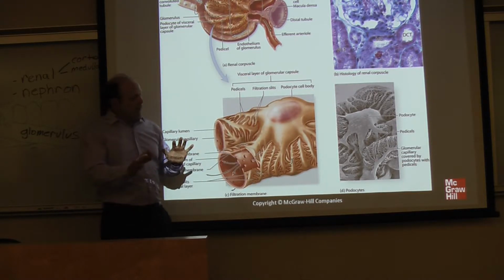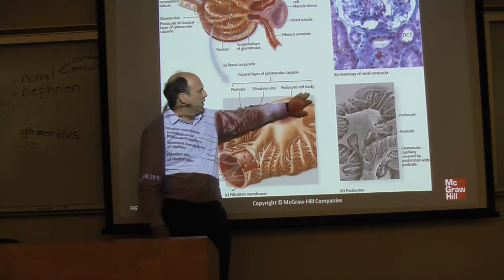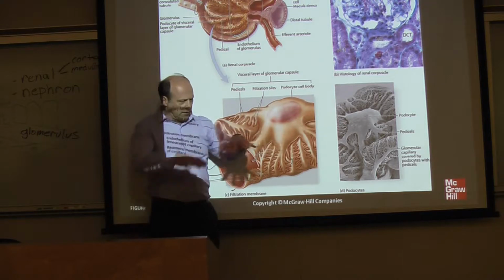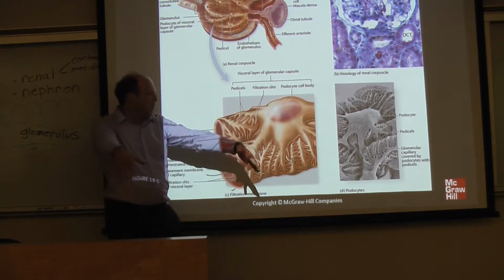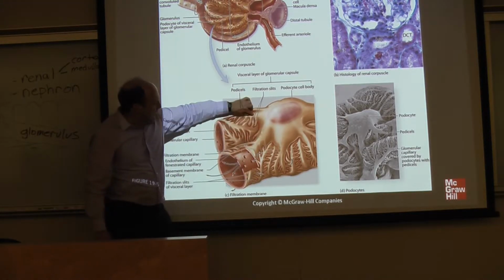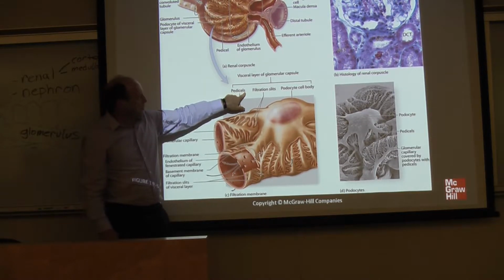Now that would be kind of a cool trick already, but then there's this other thing, these podocytes. And podocytes, that picture looks like an egg or something, right? Because there's this nucleus here. But it's sitting on top of these capillaries, and it has a unique structure. It's forming these little branches that they call pedicels.